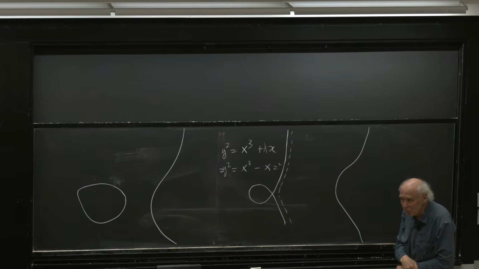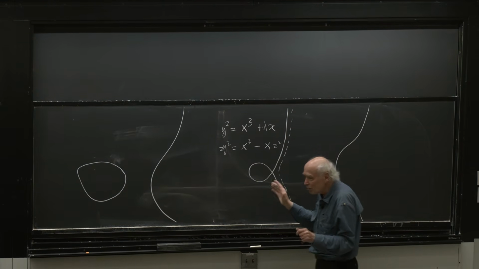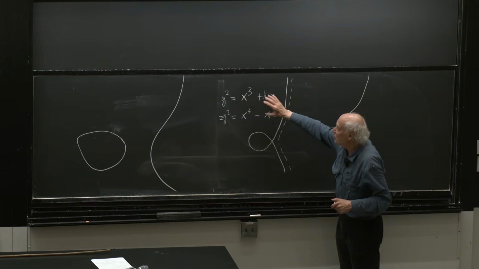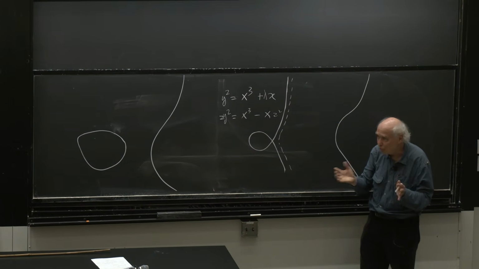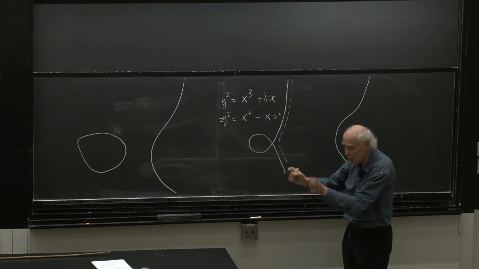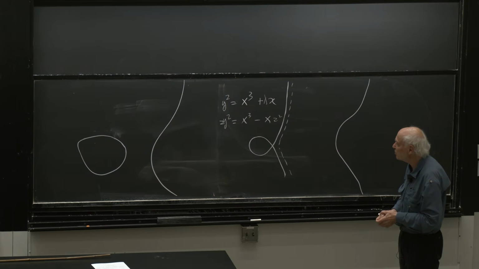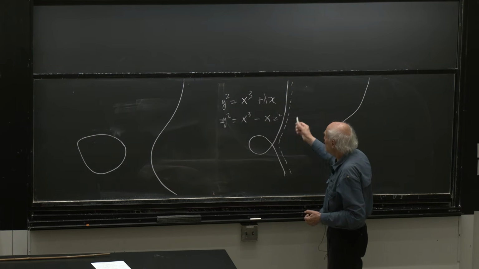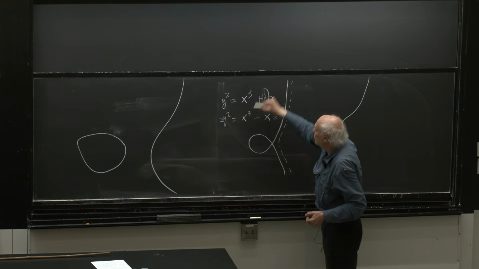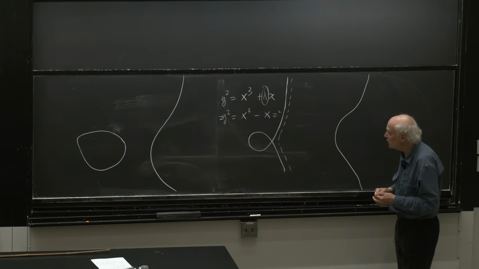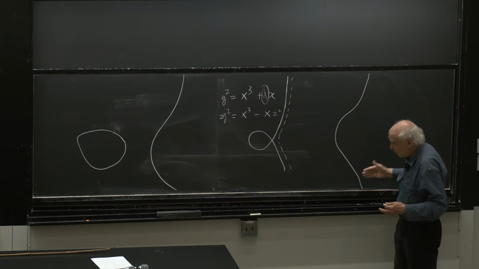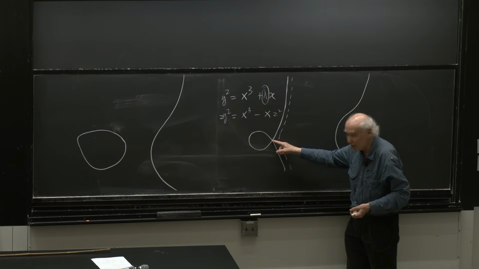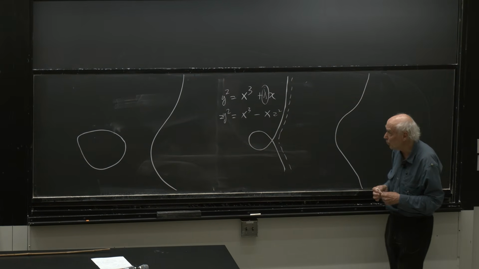Now, in the complex story, you don't have this kind of problem. The basic shape of the set of solutions will be the same, and it will be a torus in both cases. The reason is, here what happened is you had some parameter, and there was some singular value for this parameter, where you got this singular point.